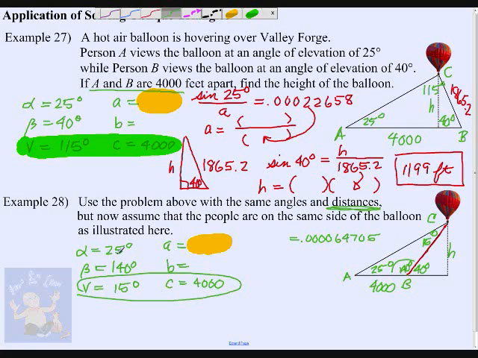And we're interested in finding A, so we're going to take the sine of alpha to find A. A is going to equal the sine of alpha divided by the ratio for our law of sines.